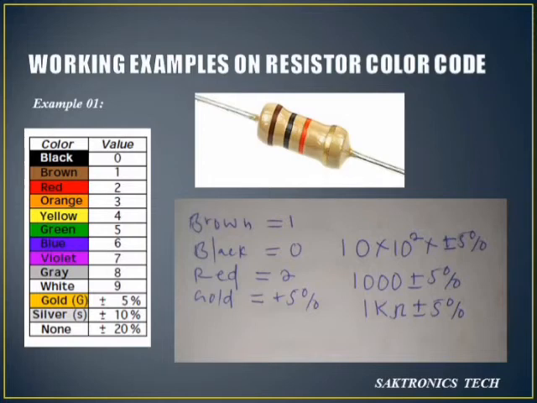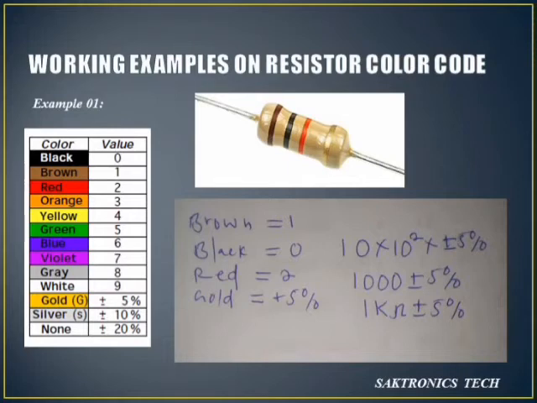As I said earlier, since our resistor has 4 bands, 1, 2, 3, 4, the third band is going to be our multiplier, and the final, fourth band is going to be our tolerance. So 10 to the power of 2 is just 100, because 10 times 10 gives us 100. Then times plus or minus 5% as our tolerance.